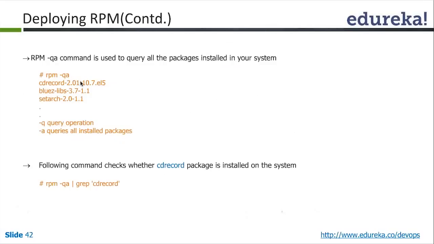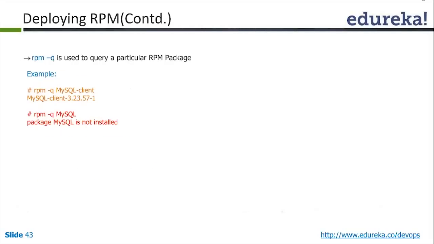One of the commands is QA. It is just to query all the packages which are installed. So if you want to know what is installed, you can go through rpm -qa. That is one way to check it. And q is used to query a particular package, so you want to just check if this package is there or not. That's another way to do that.